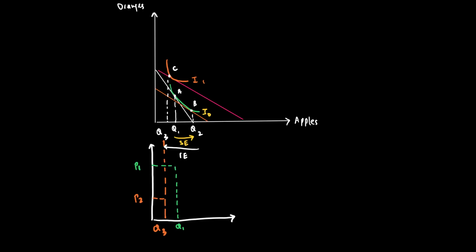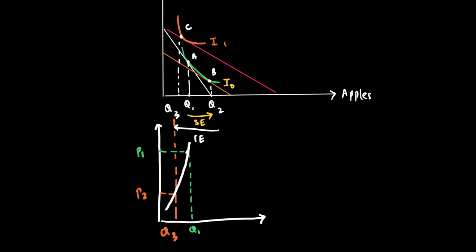So if I join the two points together, I get what we call a demand curve, which is upward sloping. Let me zoom this picture. Let me also label it properly. This is my price of apples. This is my quantity of apples. And I have what we call an upward sloping demand curve, where I ended up from point A to point B.